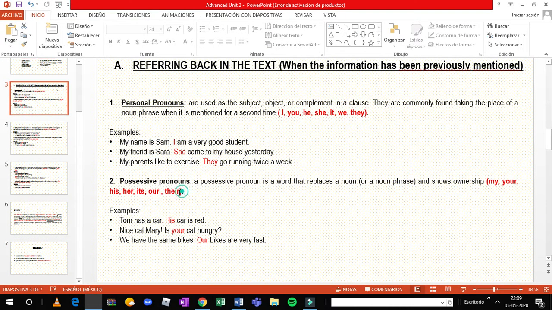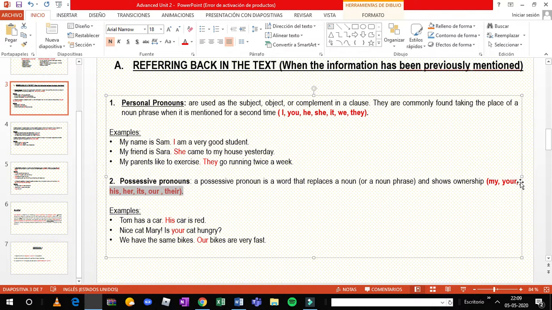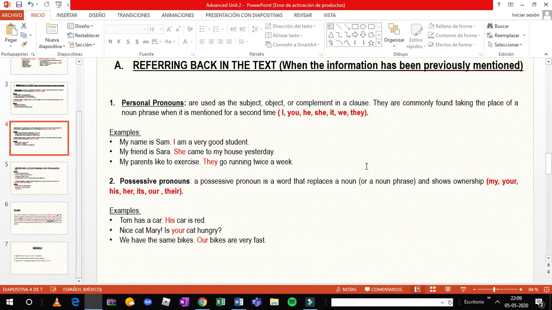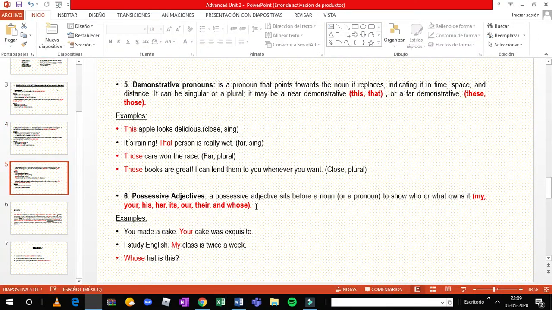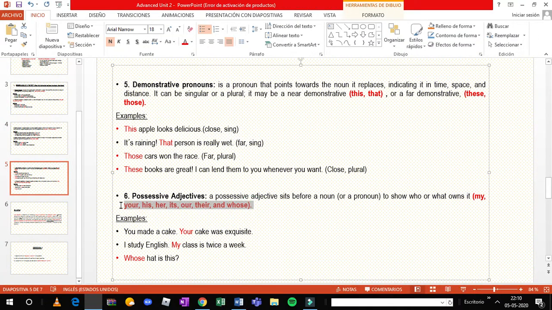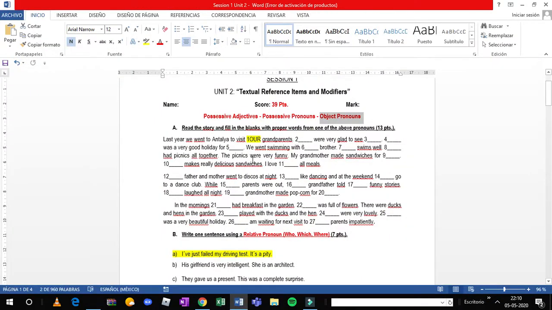Complete with one of these words, or maybe there are more. So you complete the ones here with the corresponding words. The first one is done for you.